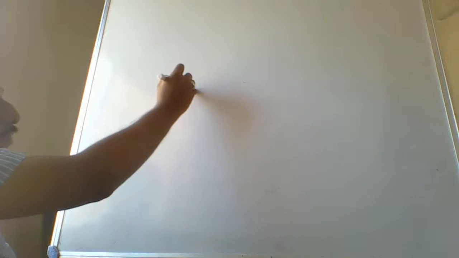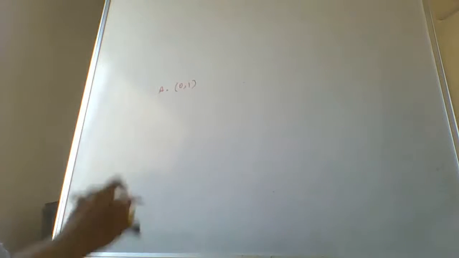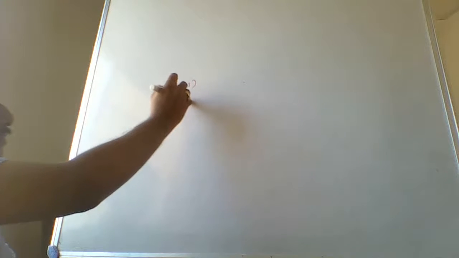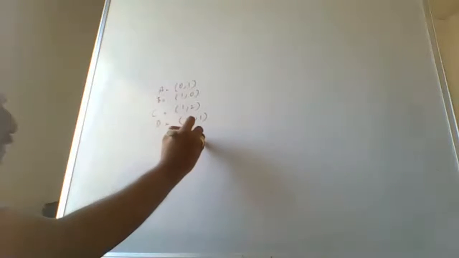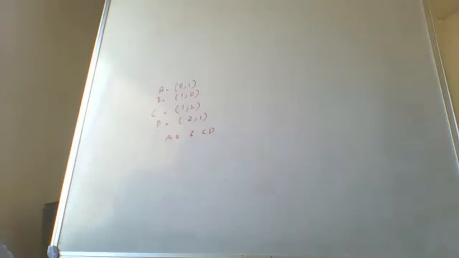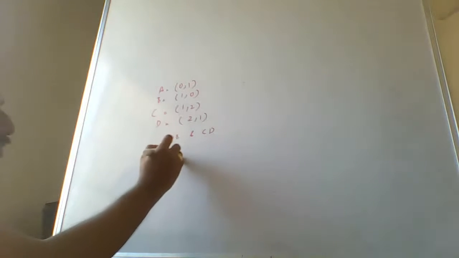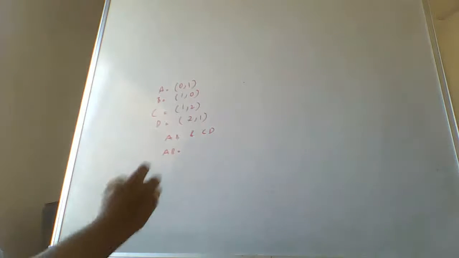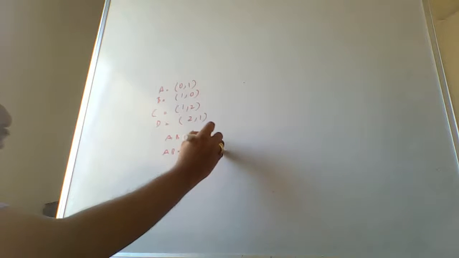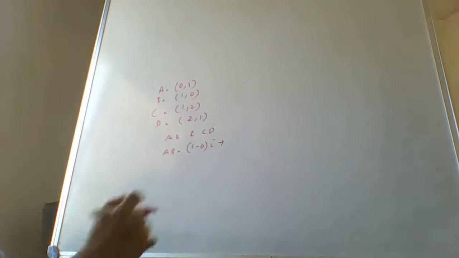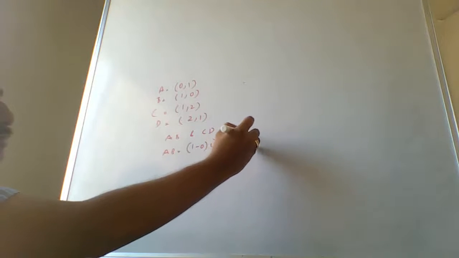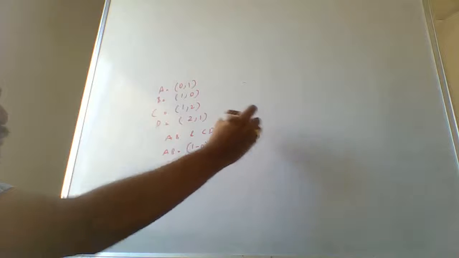Let us prove that the sides AB and CD are equal. Let us note the points: A is 0 and 1, B is 1 and 0, and similarly C and D. So AB is 1 minus 0 with respect to i, and 0 minus 1 with respect to j.